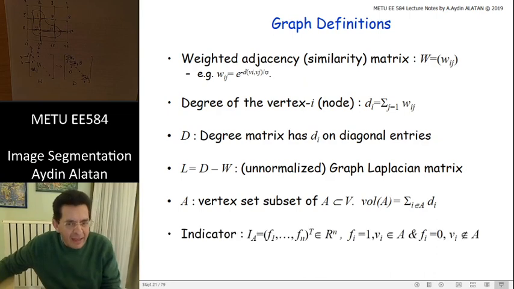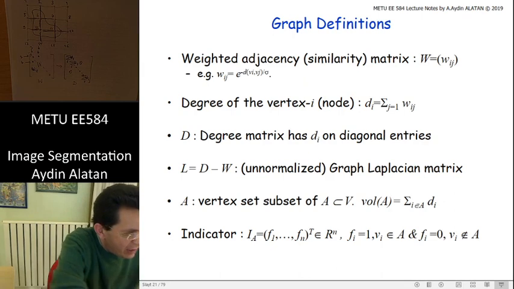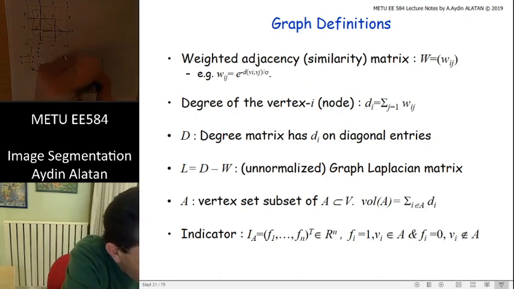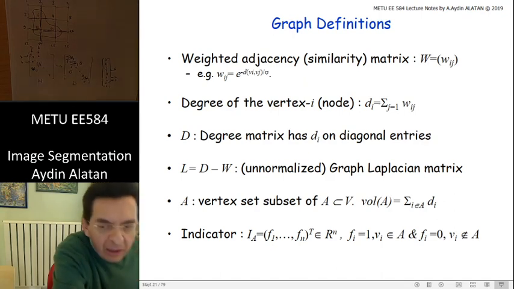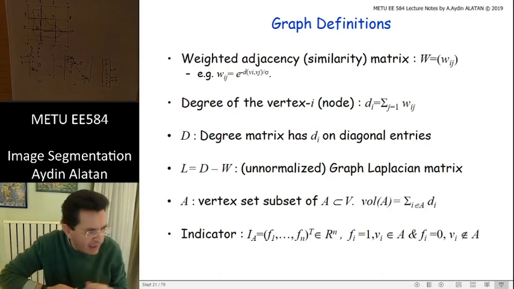Okay. Now the indicator function this time is a vector. For example, if you're interested in 6, 10, 11, when it is 6, 10, and 11, you put a 1. Otherwise, you put a 0. Okay, and this is your indicator.